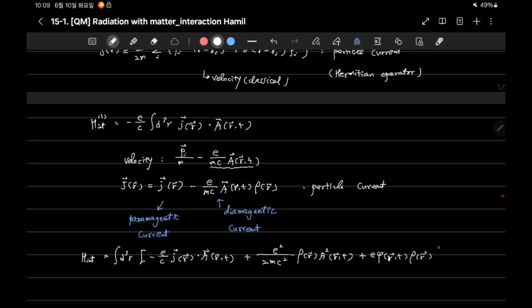That is the final interaction Hamiltonian.